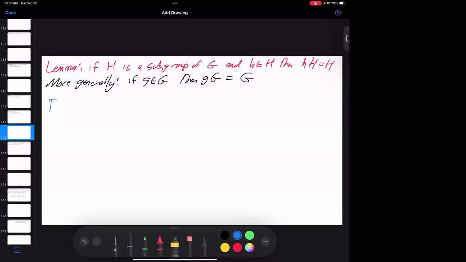So here's the proof. Imagine g times g1 equals g times g2. What could you do if g times g1 equals g times g2?